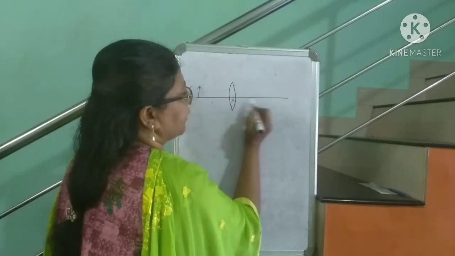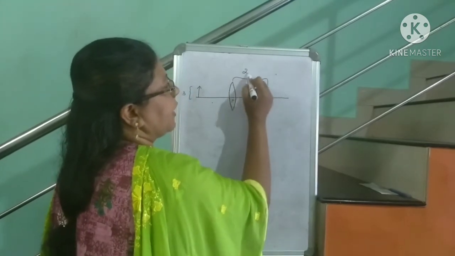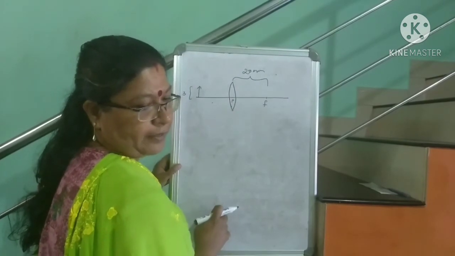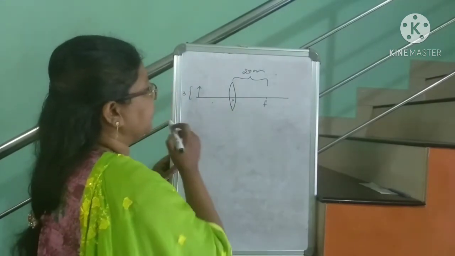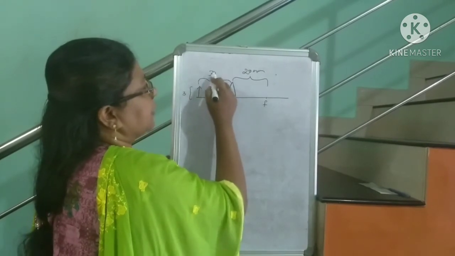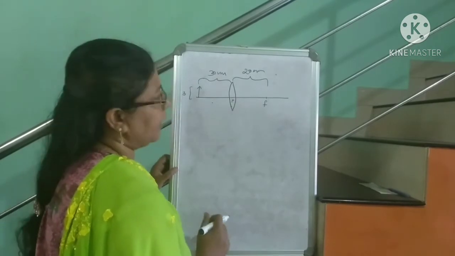This is the optic center. Focal length will be somewhere here. Focal length is 20 centimeter, and the distance of the object is 30 centimeter. You have to find out v and the nature of the image.